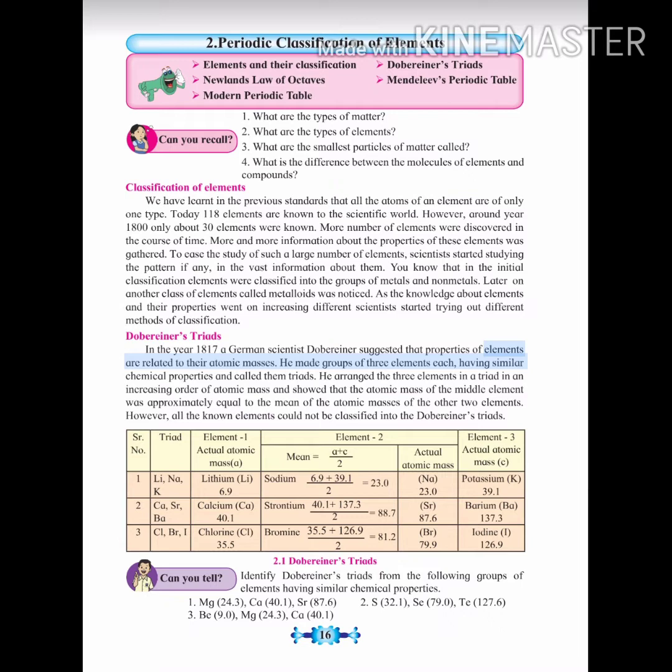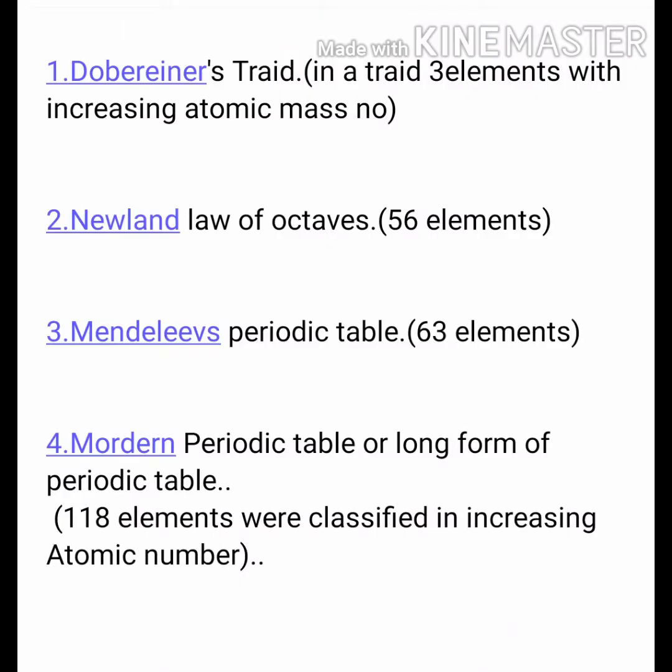So basically, there are three important classifications from history we have to study. The first one is Dobereiner's triad, second is Newlands' law of octaves, and third is Mendeleev's periodic table. I repeat, Dobereiner's triad first, second is Newlands' law of octaves, and third is Mendeleev's periodic table.